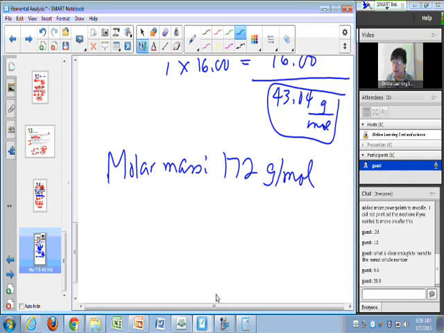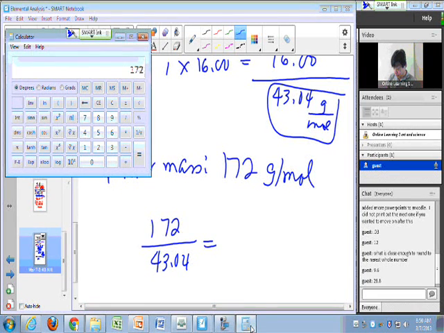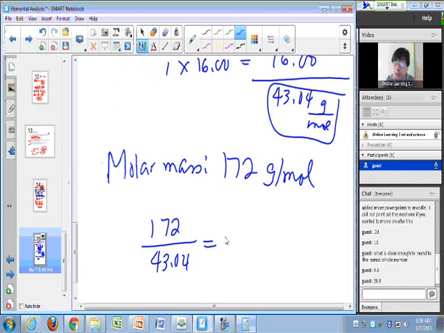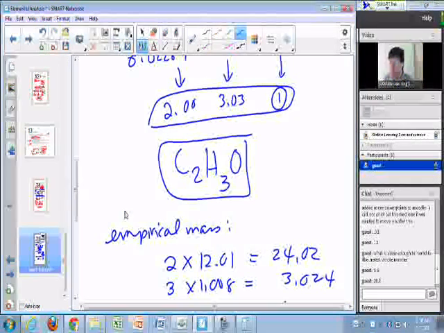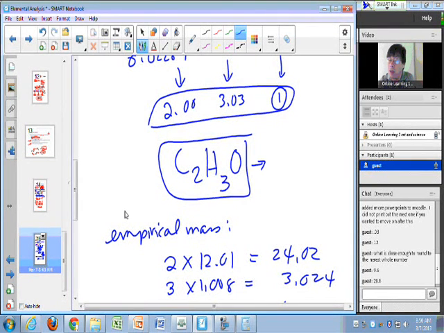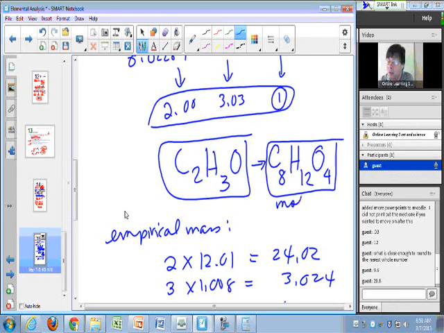If you divide 172 by 43.04, that gives you 3.996, which is essentially a 4. So the molar mass is 4 times the empirical mass. So the molecular formula would have 4 times the subscripts. 2 times 4 is 8. 3 times 4 is 12. And 1 times 4 is 4. So this is your molecular formula.